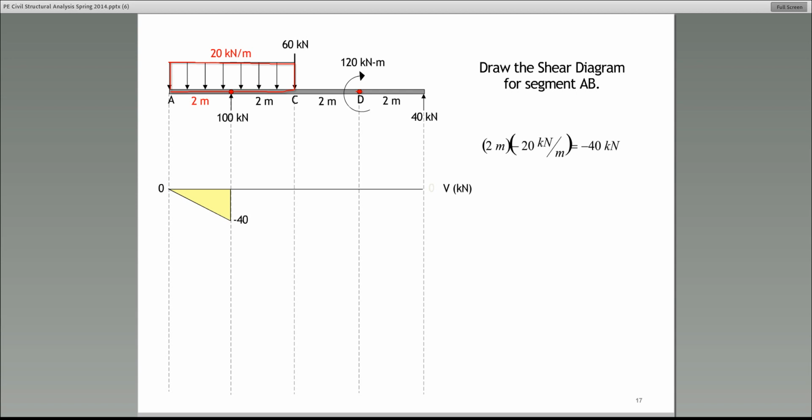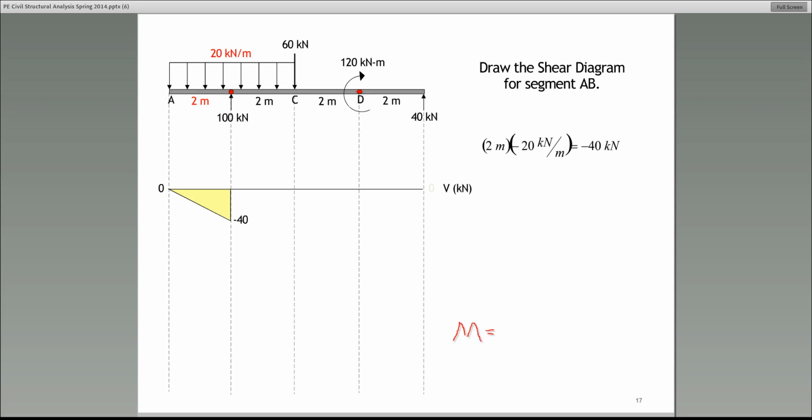Okay, let's go. Let me get rid of this red. All right, guys. I need for you to help me go from a load diagram to a shear diagram. I want you to remember the relationship between the moment and the shear diagram.